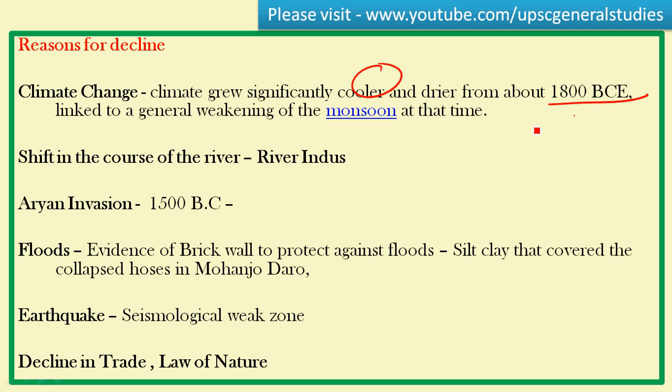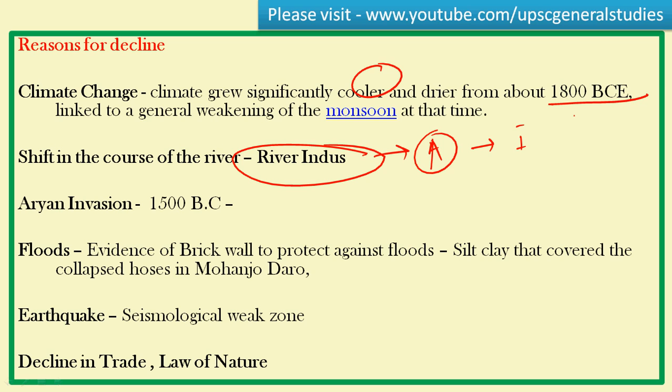Next, the shift in the course of the river. The second reason is that the river Indus is the lifeline of Harappan civilization, because the major occupation was agriculture, which depended on the Indus River, which inundates the floodplains with fresh, fertile silt every year, on which the Indus people grew various food grains like barley, rice and wheat.